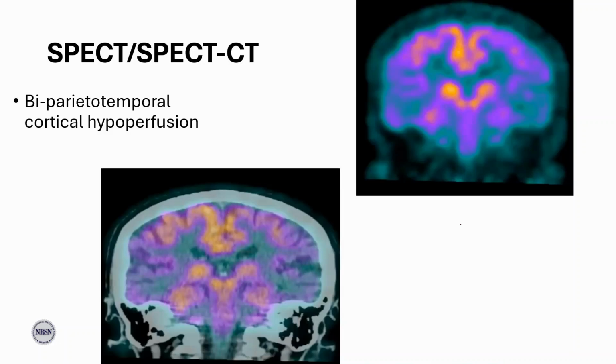Now, it is noted that in SPECT imaging, the areas of the brain that are perfused are basically going to show increased color flow. So the color flow typified by orange or red here signifies that there is perfusion to these areas of the brain.